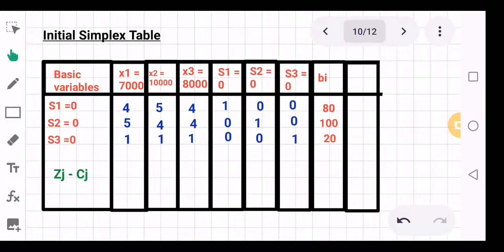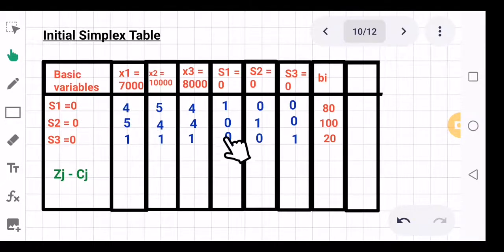So basically, let me take any row. Zj for this particular cell is 4 into 0. Why did I take 0? 0 I took because we have considered S1 to be equal to 0. So 4 into 0, we get 0. So Zj value here is 0.